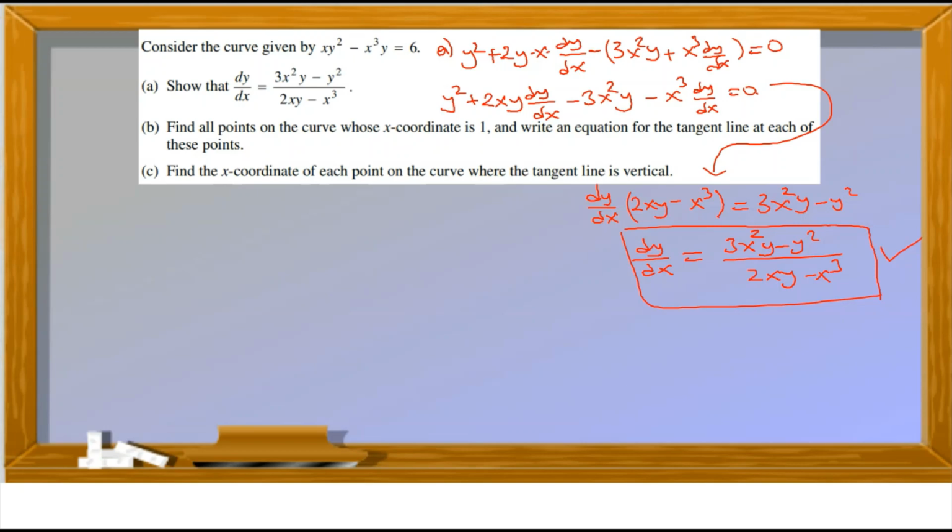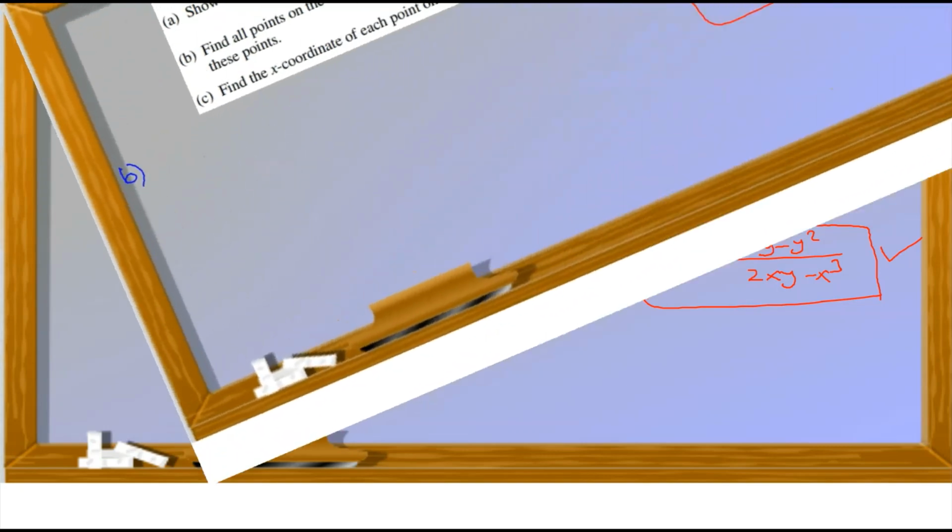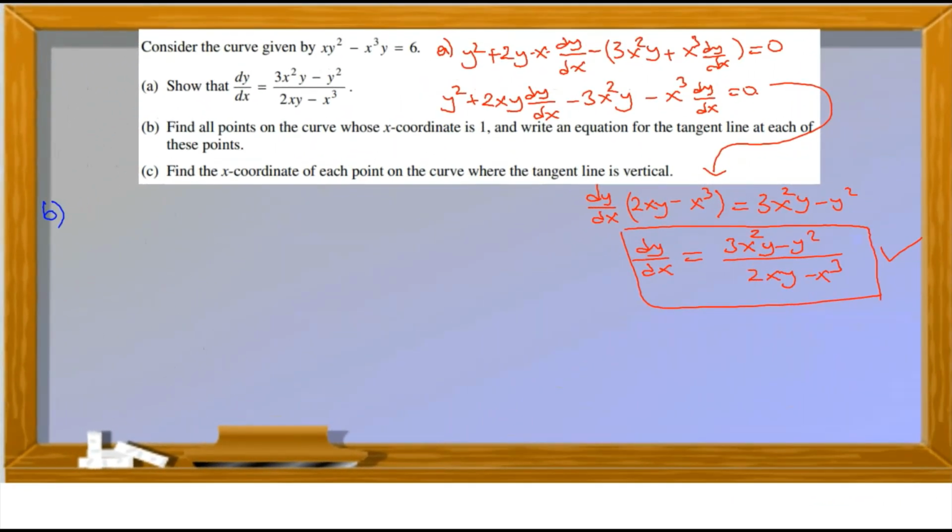Okay, so let's move on to part B. It says find all points on the curve whose x-coordinate is 1. To write down the equation of the tangent line, we need the y-coordinate and also the slope. To find the y-coordinates, I'm going to plug x equals 1 into the given expression.